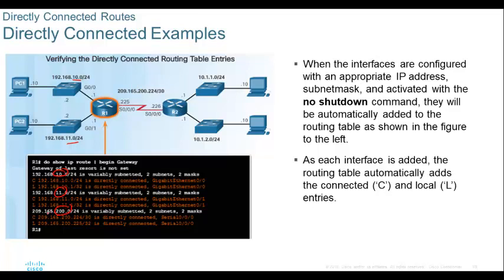But for the 200 network, if you notice, they have subnetted with /30. So that /30 you will see here. This is the actual network without subnetting for class C, and the subnetted network is this, and the IP address on the link is /32.